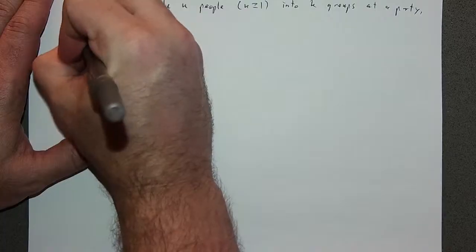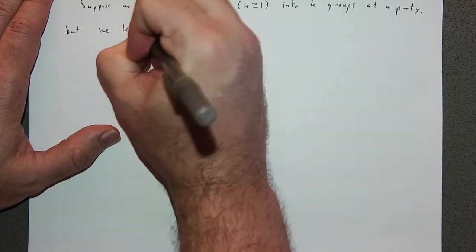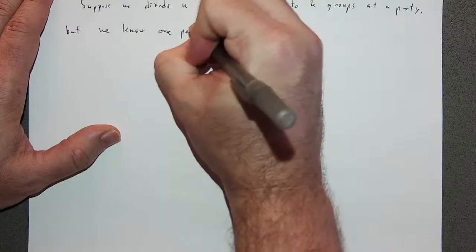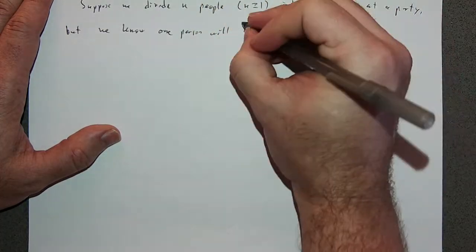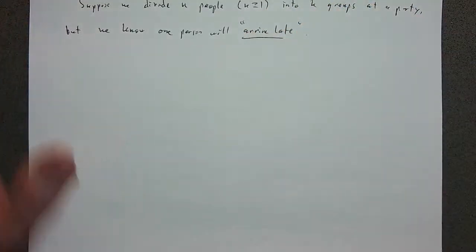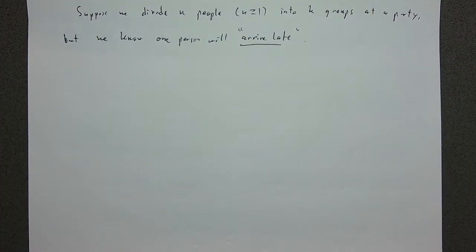But we know one person will arrive late. So again, we are doing this arriving late trick, which is really all just peeling off the last thing. It's forming a configuration by pretending that you already did the thing for the first n-1, and then you're tacking on the last person to arrive to get a configuration that follows the rules.